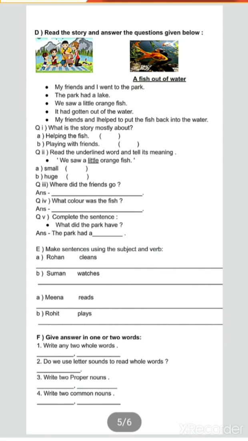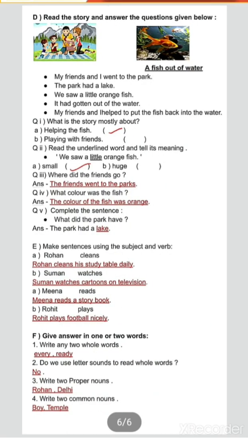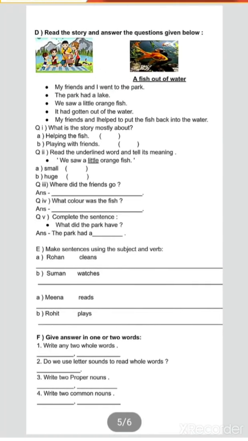Next question. Where did the friends go? Think, read in the story. The first line says, my friends and I went to the park. So we will write, the friends went to the park. Next question.